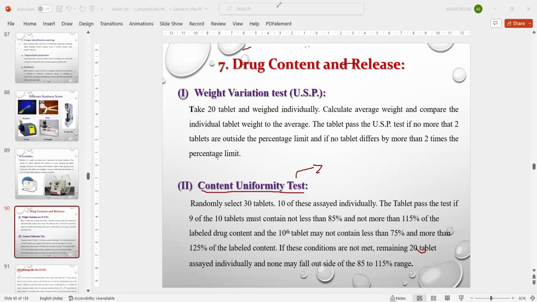There are some criteria: if your API weight or amount is less than 10% of the tablet weight.